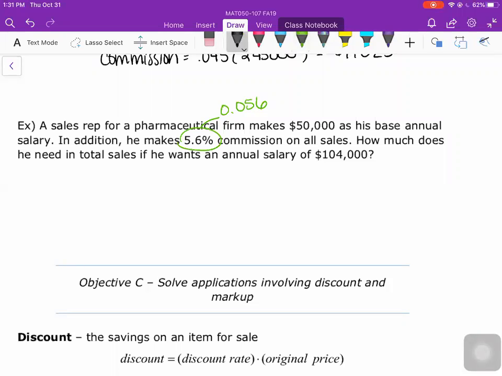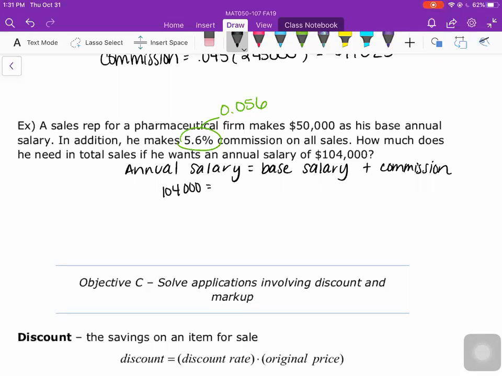Good. So this annual salary is going to equal his base salary plus his commission. We know his annual salary, or what he wants his annual salary to be. He wants it to be $104,000. We know his base salary is $50,000.